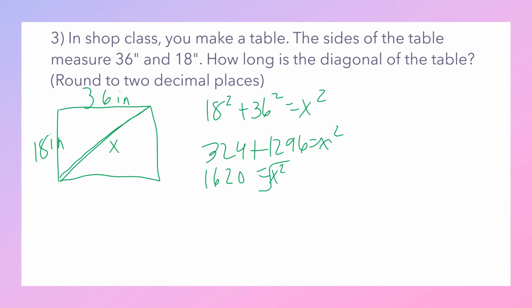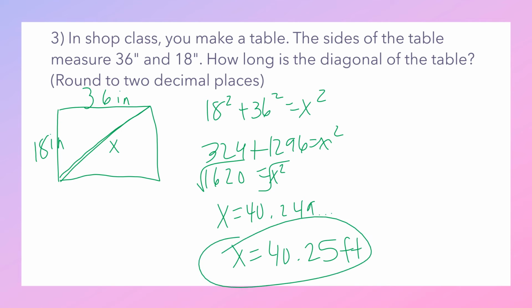So then you'll want to take the square root of both sides, and you get x equals 40.249 and so on. So your answer would be 40.25 feet. Again, if I'm going too fast, just go ahead and pause it, and you can catch up in a second.